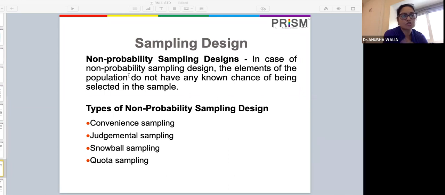Then there is snowballing. Snowballing is a very, very powerful non-probability sampling method.